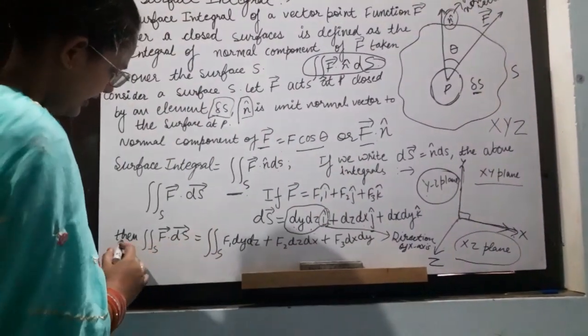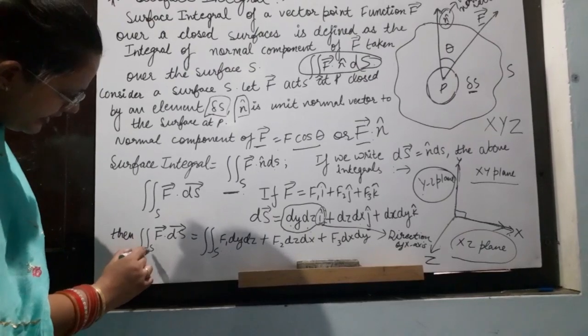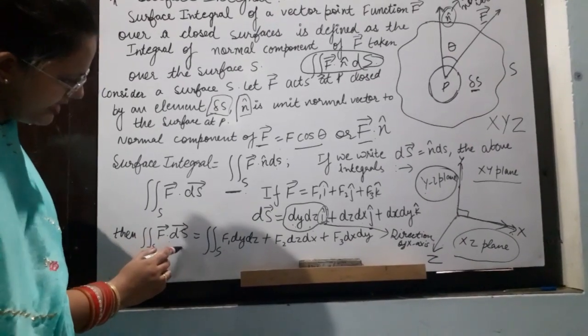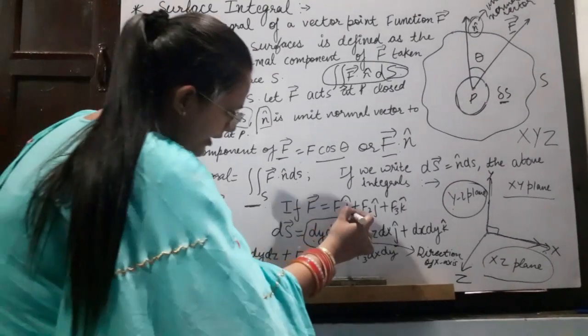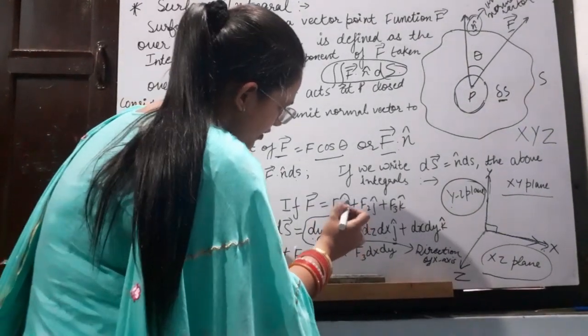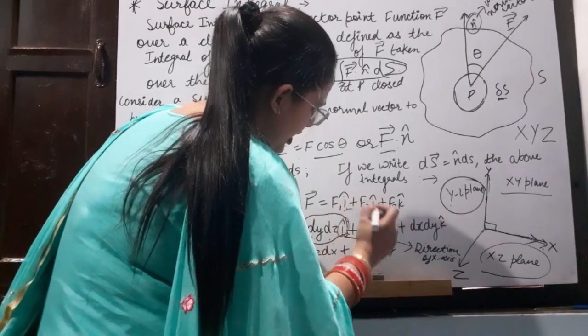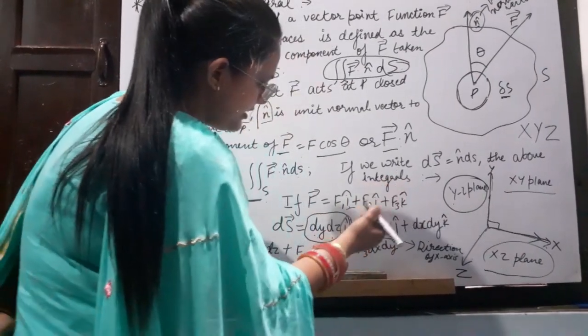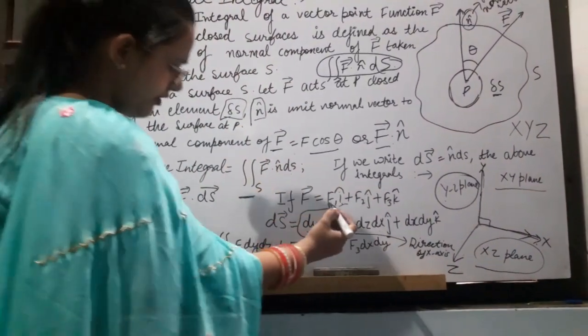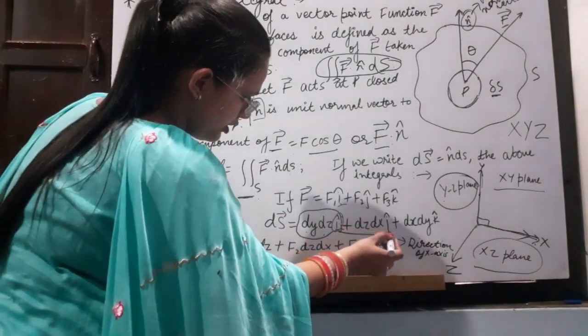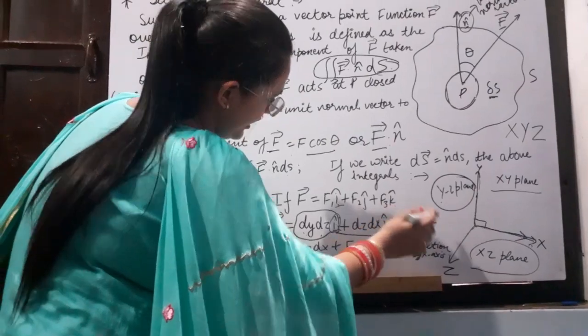Now, we have the surface integral of f vector dot ds vector. When we take the dot product, i dot i is 1, and the dot product of i with j or k, or j with any other, gives 0. So we get only i dot i, j dot j, plus k dot k.